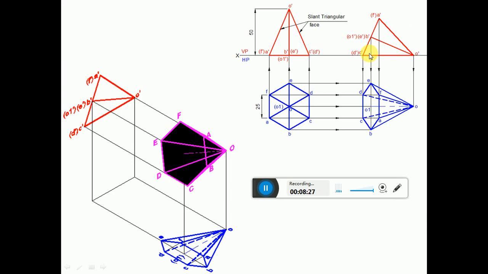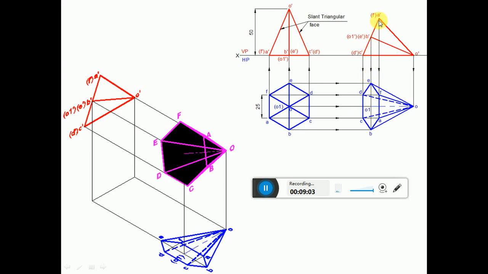Once you complete this, then for this you need to draw the top view. So draw a vertical projector from C dash, D dash. Draw a horizontal projector from C and D to get this point CD. Draw a vertical projector from B dash, A dash, and O1 dash, and draw a horizontal projector from B to intersect at the point B. Similarly, from O1 to intersect at the point O1, and E to intersect at this point E in the second position top view.